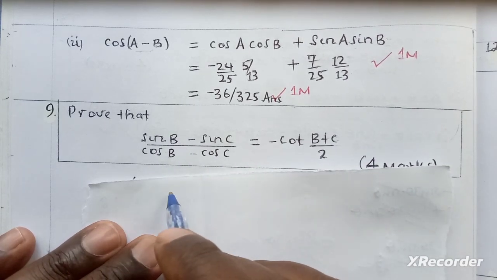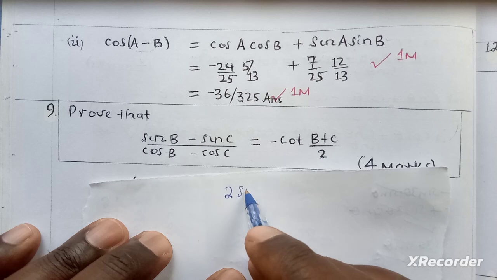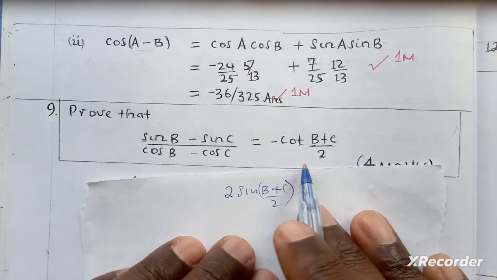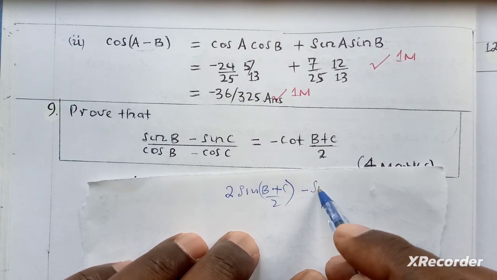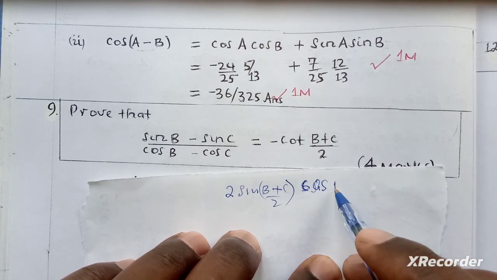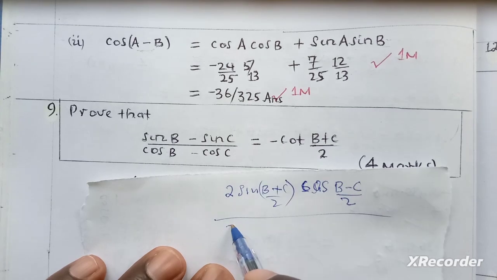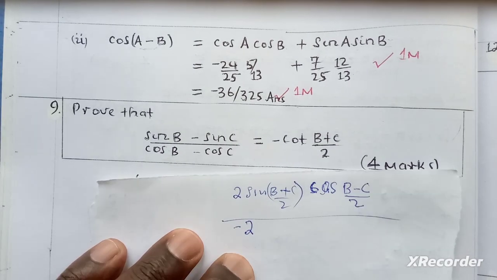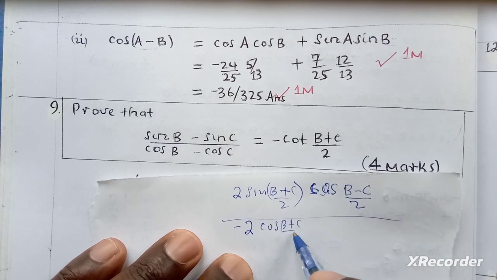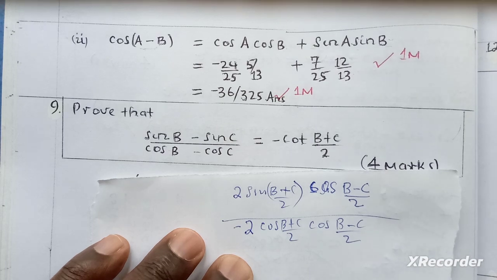If you add that to that, this one will be 2 sin B plus C all over 2 cos B minus C all over 2, divided by, for this one it will be minus 2 sin B plus C all over 2 sin B minus C all over 2. That's how it is supposed to be done.